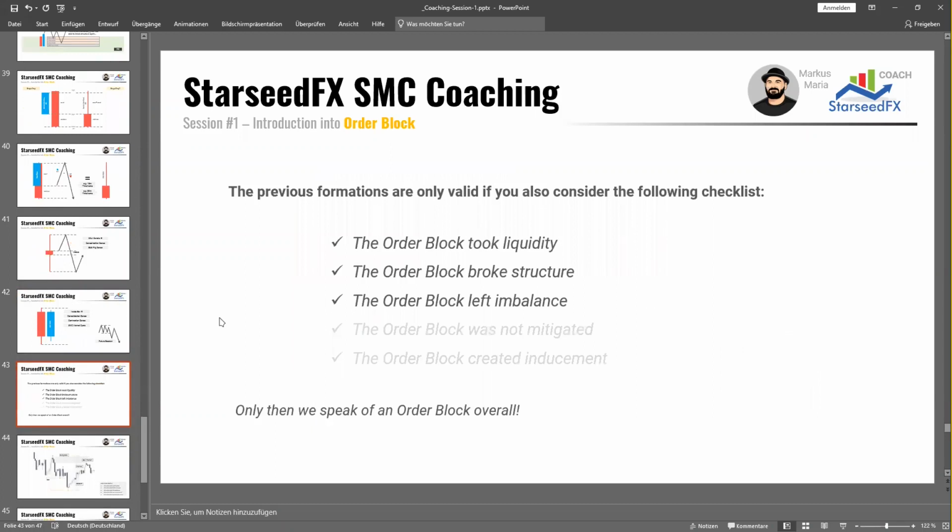And something I want to point out is also that an order block alone doesn't say much. You have order blocks everywhere if you have a look at the charts. In order to trade an order block, there has to be a lot more around it. And for me, an engulfing candle pattern is an engulfing candle pattern only.